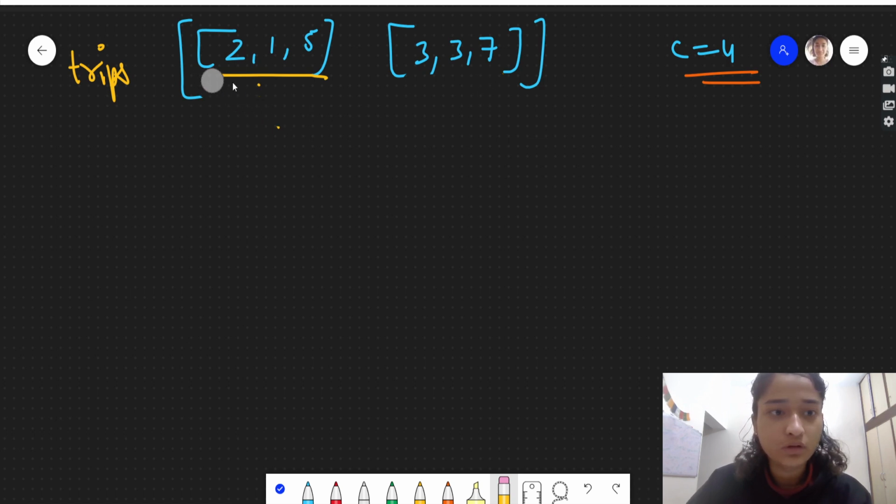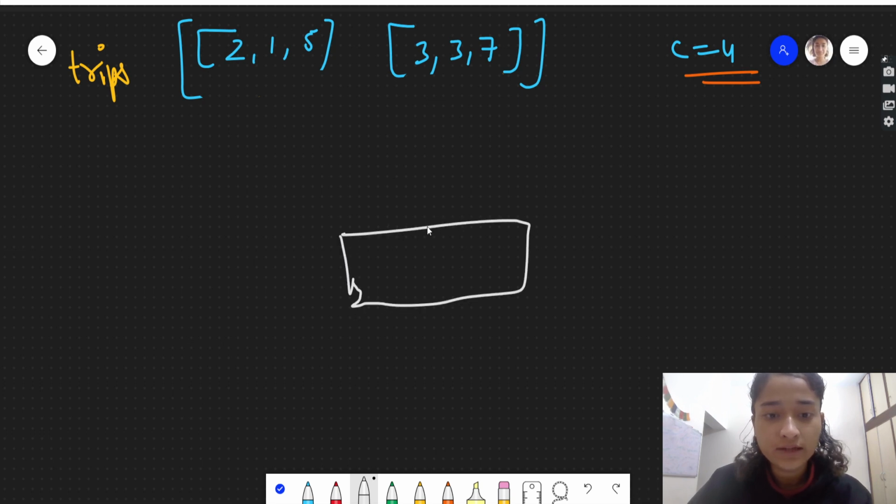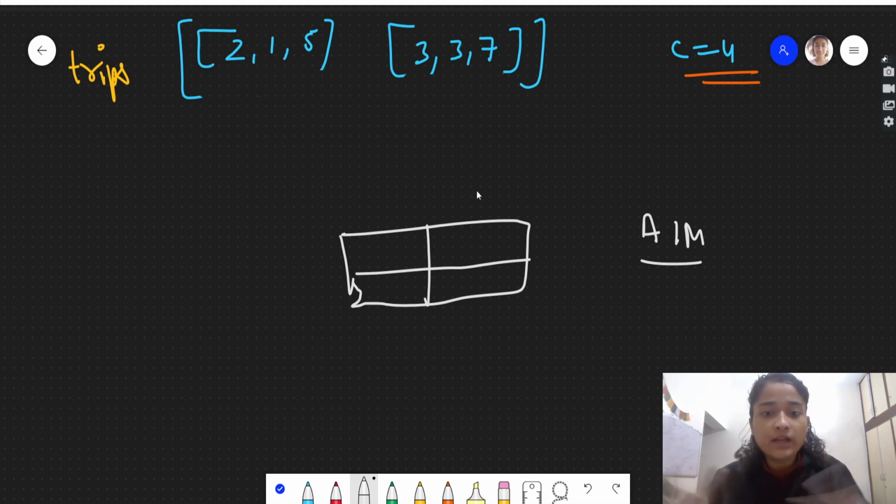Let's say this is a car, so it has 4 seats, capacity is 4. Our aim is to accumulate all these passengers in this car. Whenever we have to have more passengers in a car, we will first pick those passengers who will drop earlier.